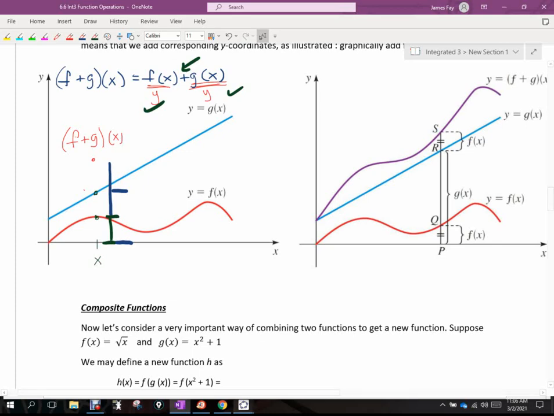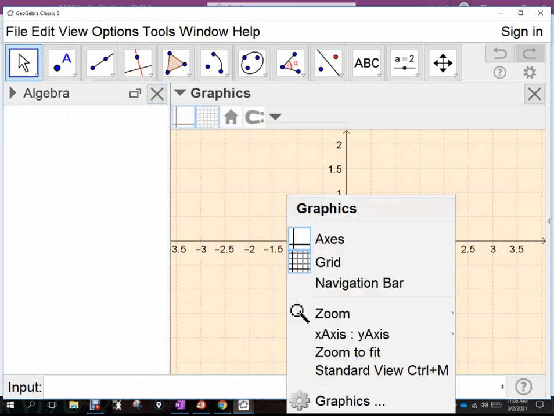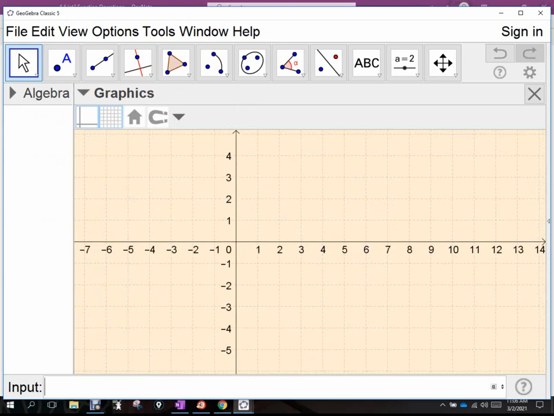Okay. Let's look at this. Let's just say we've got some function, let's call it square root of x plus 8.